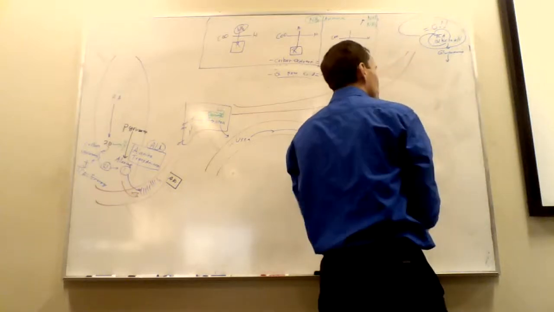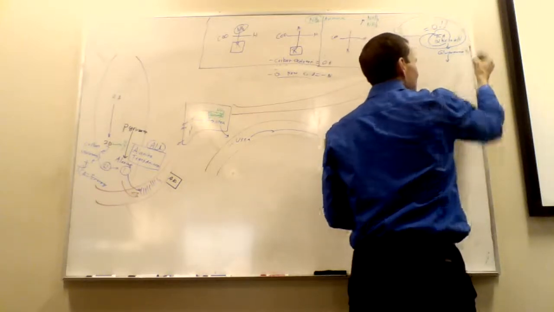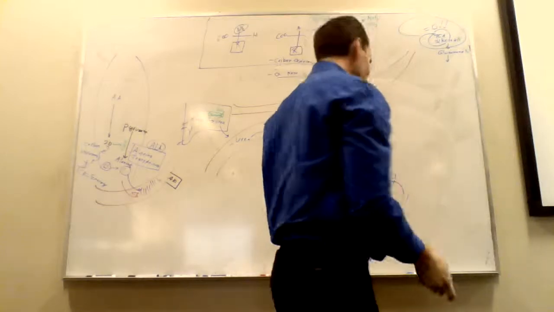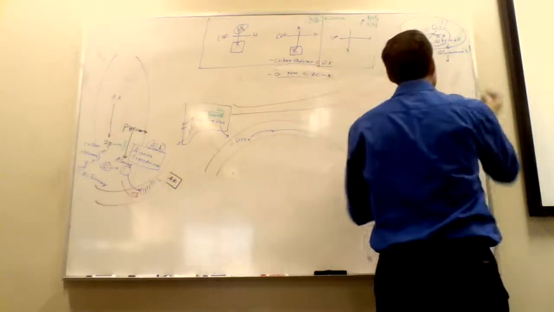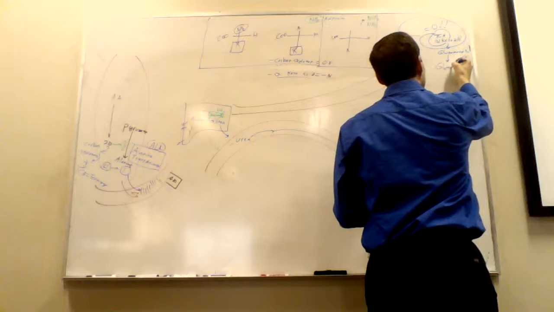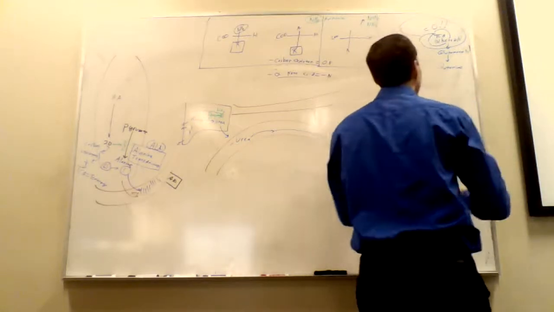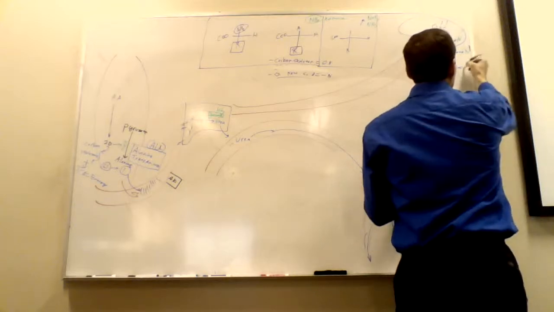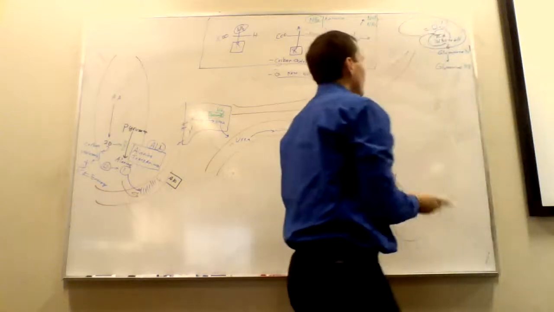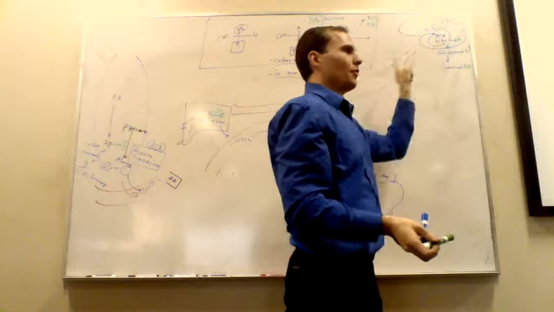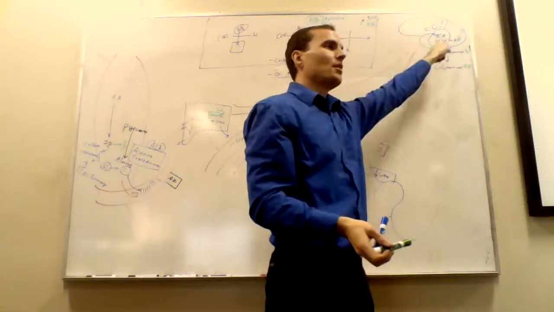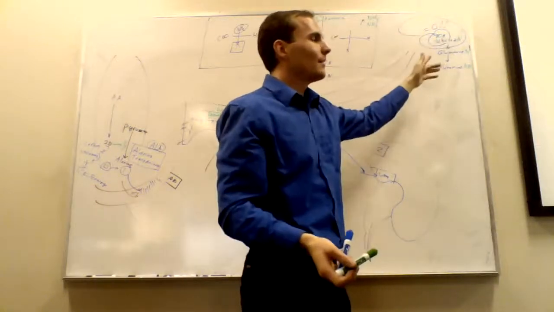glutamate. If we add a nitrogen to glutamate, what happens to it? Glutamine. Fun little thing, ammonia can cross the blood-brain barrier. Glutamate can't.